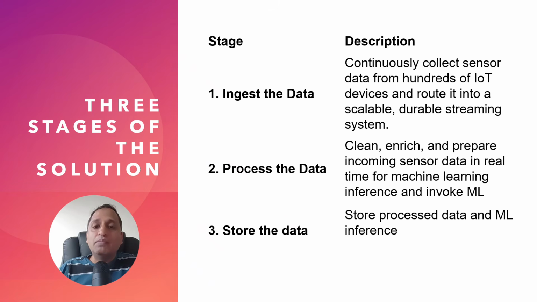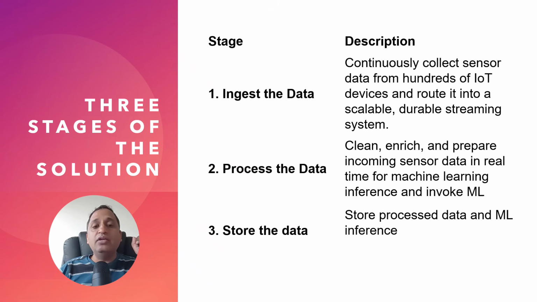But to invoke an ML model, I cannot pass raw data. I need to take the data, maybe clean it up, maybe enrich it, maybe aggregate it. I don't want to invoke it every second. Maybe I might want to group them by every 1 minute or every 5 minutes. So I need to aggregate the data from the last 5 minutes for a particular sensor, right? That is the whole idea of this stage.